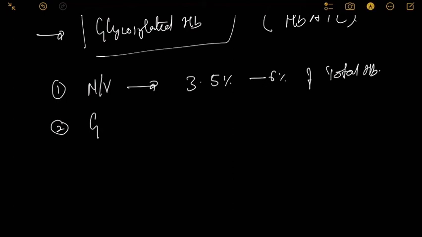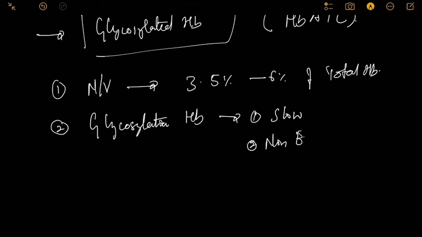Your glycosylation of your hemoglobin is a slow, non-enzymatic and very important irreversible process.